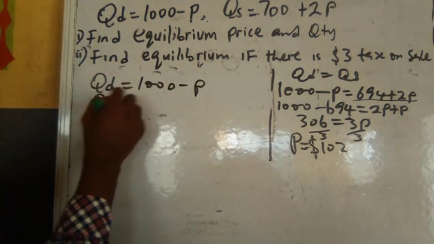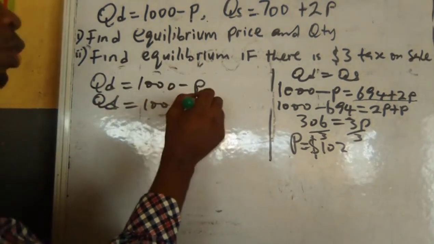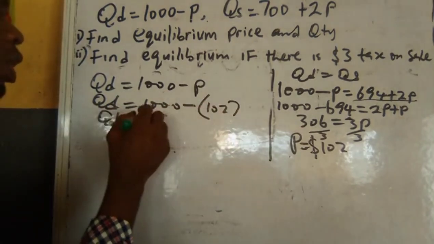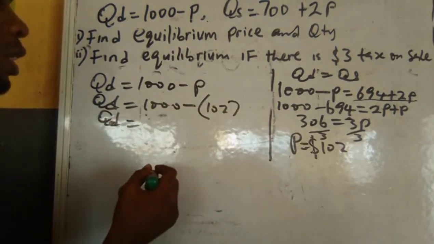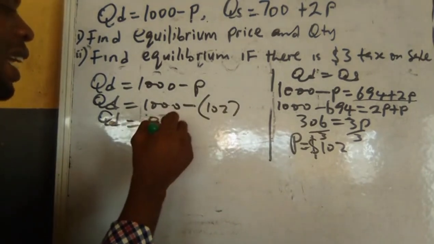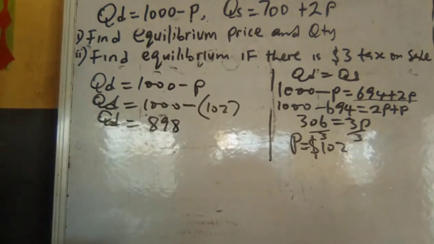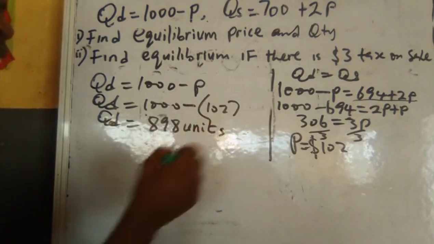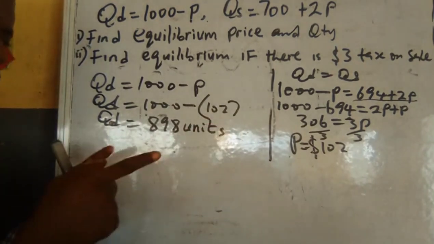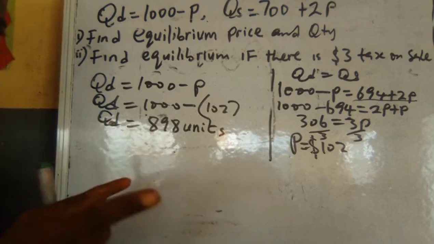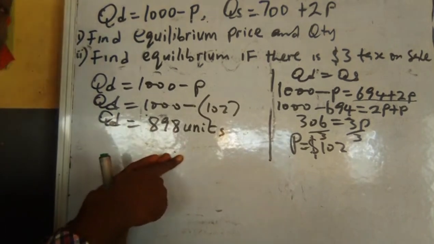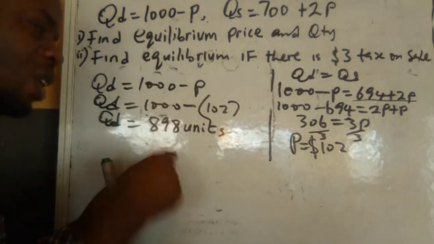So you have quantity demanded equals 1000 minus, what is P now? P is 102. So quantity demanded equals 1000 minus 102, which gives us 898 if I'm not mistaken. So it's going to be 898 units. You can see that it is different from our initial equilibrium quantity when there was no tax. When there was no tax, it was 900 units. Now there is tax.